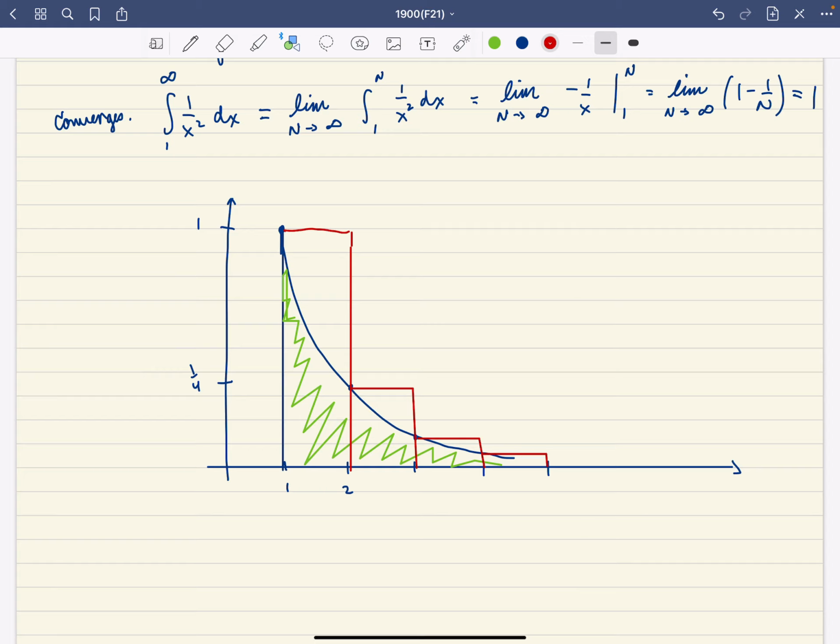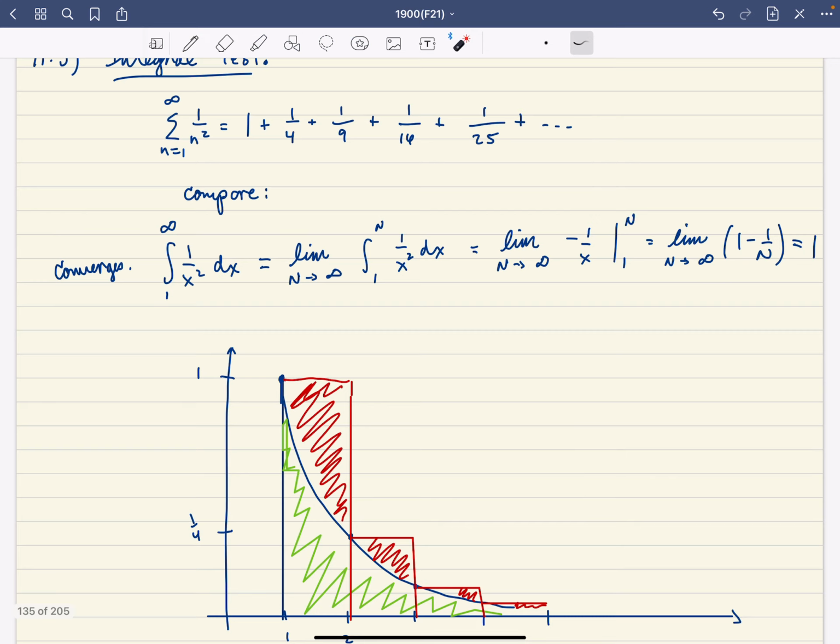This red area is going to turn out to be what we're looking for when we find the series. So the green area, the area under the curve, is the area there. And maybe I'll shade the area that sticks above the function but below the rectangle. I'll color that a red area. If I add up the red and green areas, that's going to be the value of this series.